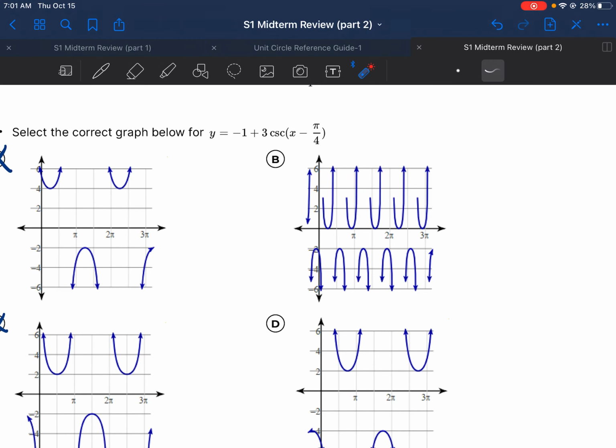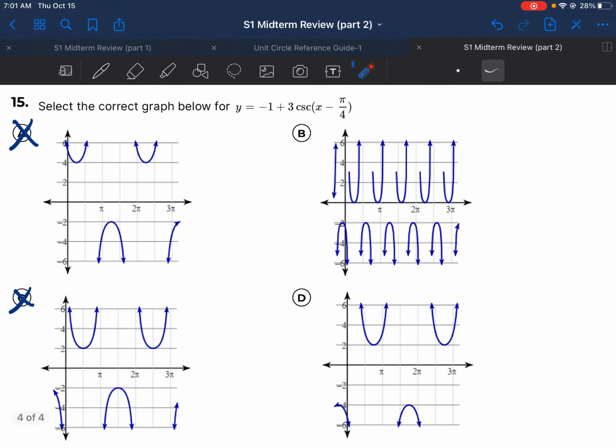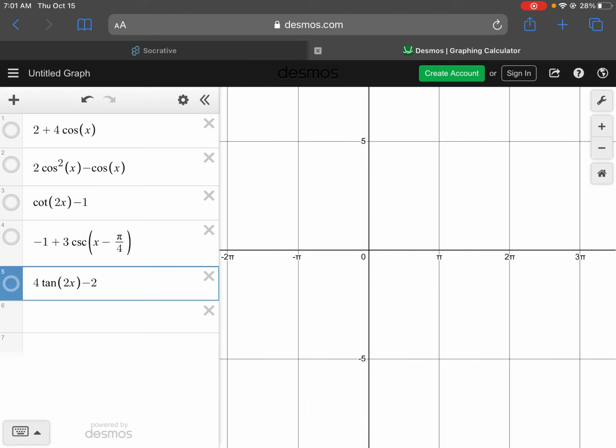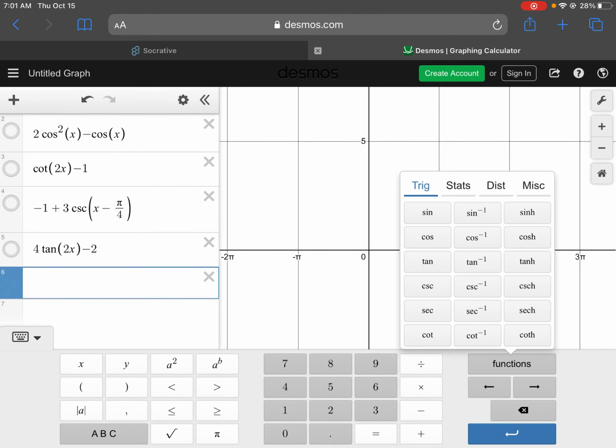One thing I'm going to take a look at is the minus pi over 4. Minus pi over 4 inside the parentheses means that this has been shifted to the right by pi over 4. Well, let's think about the parent function of cosecant of x. So let's go ahead and pull that up. So cosecant of x.